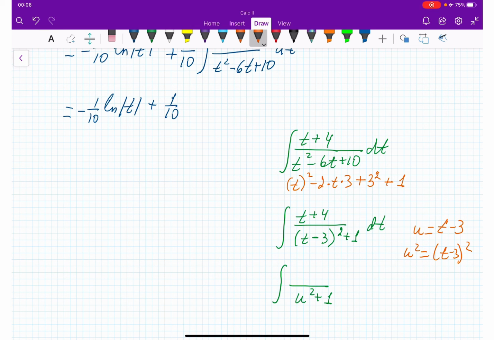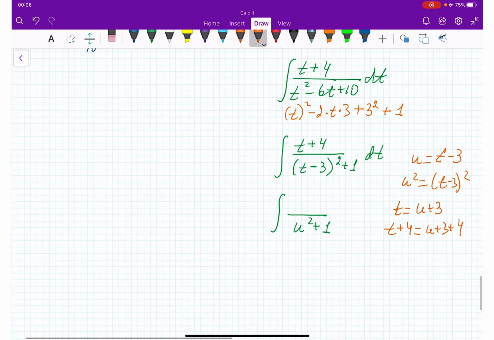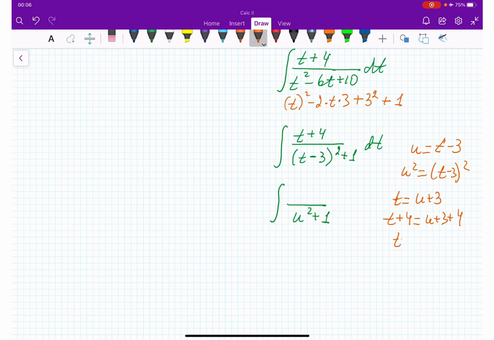And for t plus 4, I need to have t plus 4. So t is equal to u plus 3. And we need t plus 4, which is equal to u plus 3 plus 4, right? And t plus 4 will be equal to u plus 7.